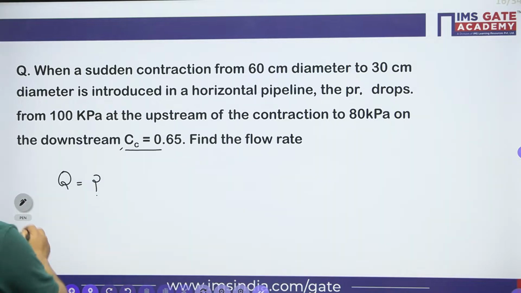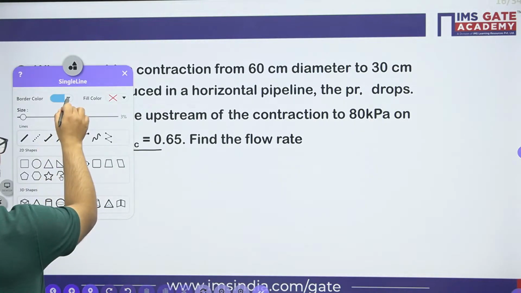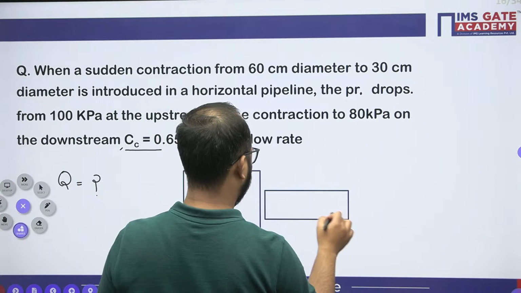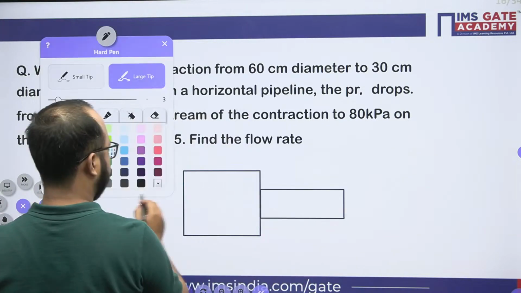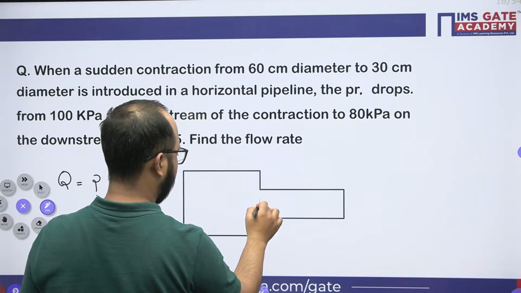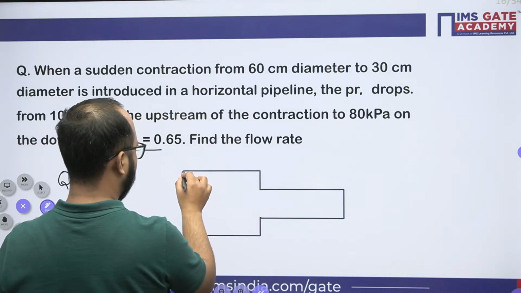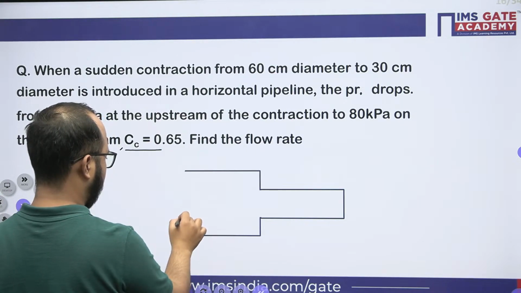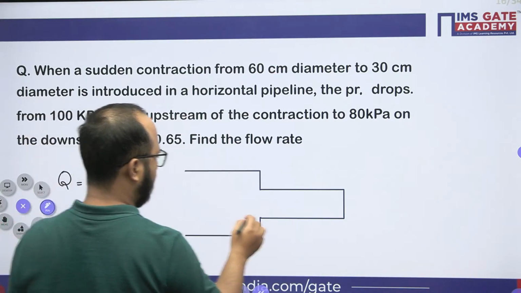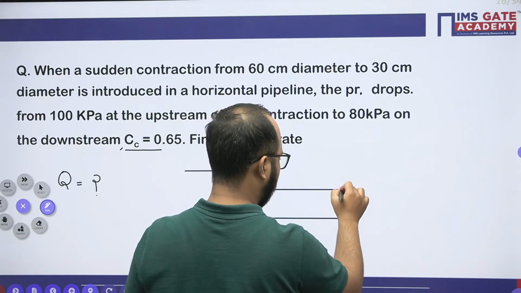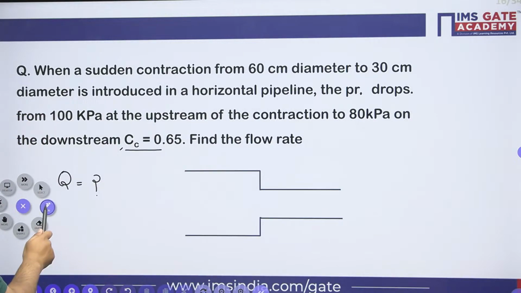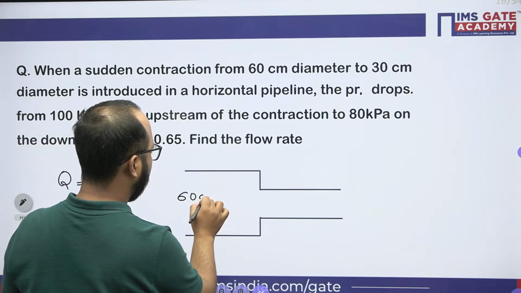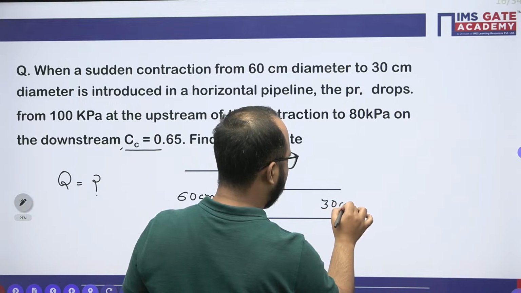Okay, sudden contraction case. First of all, we'll draw the diagram here. Now see, what they have mentioned: this is 60 centimeter, and this is 30 centimeter.